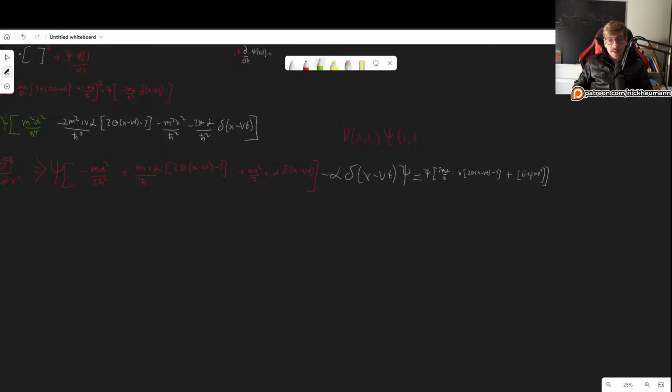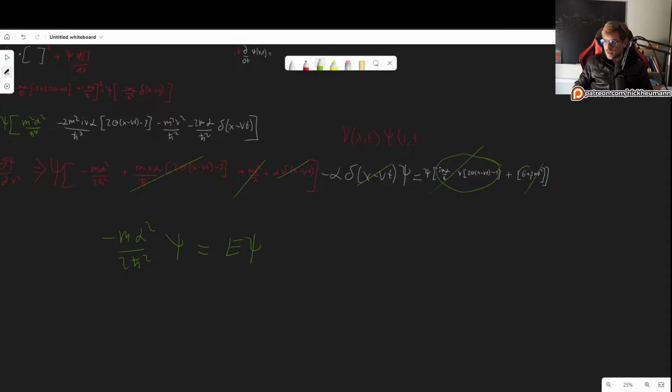If the wave function is a solution, then both sides should be the same. Now, let's see. We have mv squared over 2 and mv squared over 2 that cancel out. We have i m alpha over h bar times v times this thing, which is the same as this, so they cancel out. We are left with minus m alpha squared divided by 2 h bar squared psi is equal to E psi.